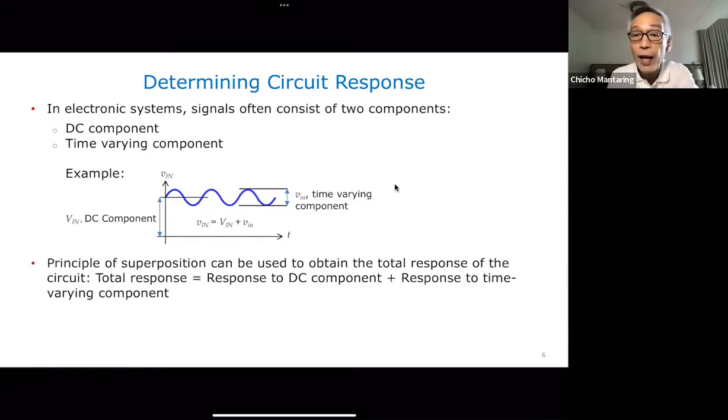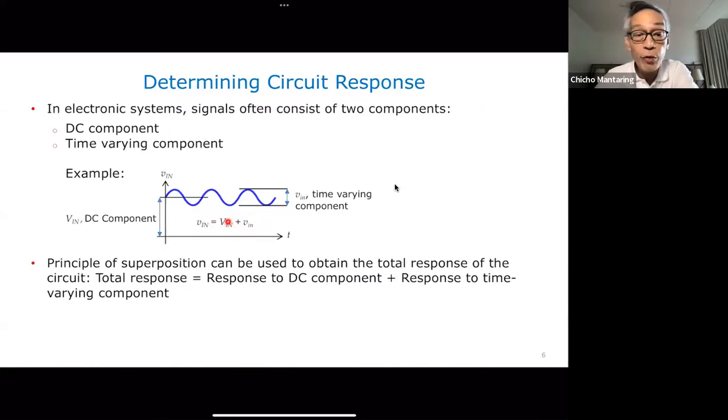So how do we analyze a circuit that has this type of input signal? We apply the principle of superposition. If you recall, the total response of a linear circuit is composed of the responses of the different sources in the circuit acting alone. We can consider this to be two sources in series.